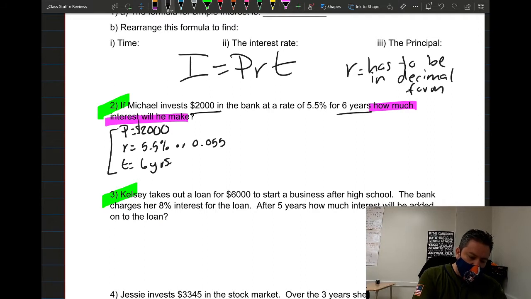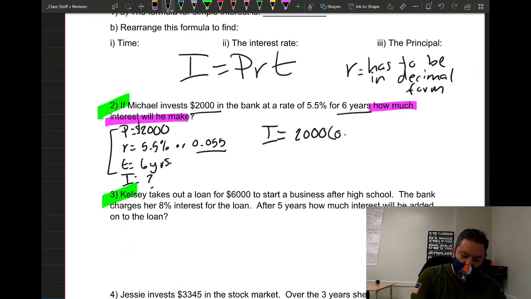I'm looking for I, which I don't know. I know my principal is 2,000. I know my rate, and I'm going to be using the decimal form. And the time is going to be 6.